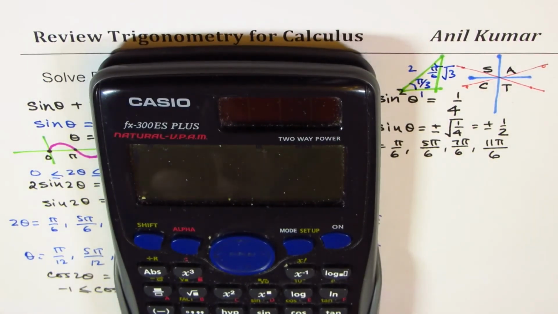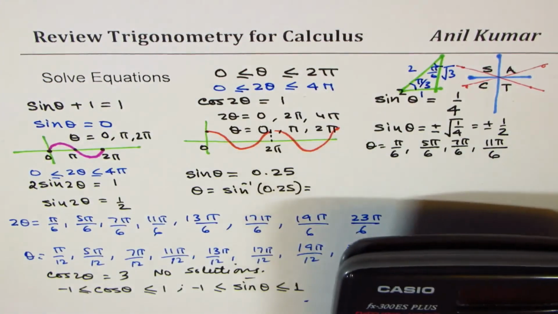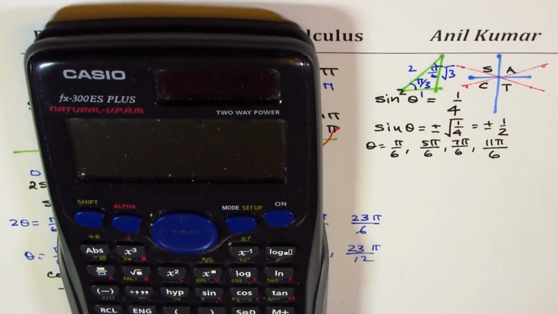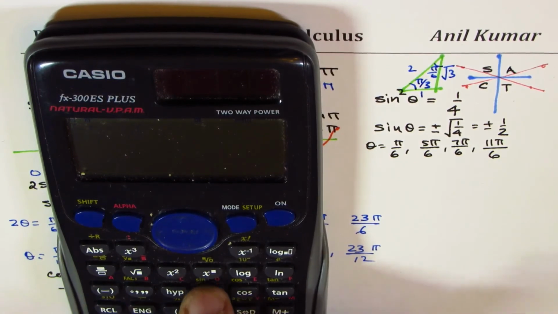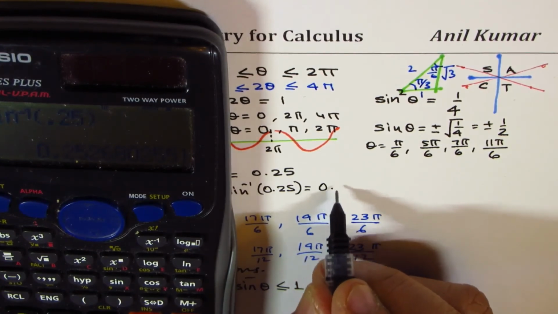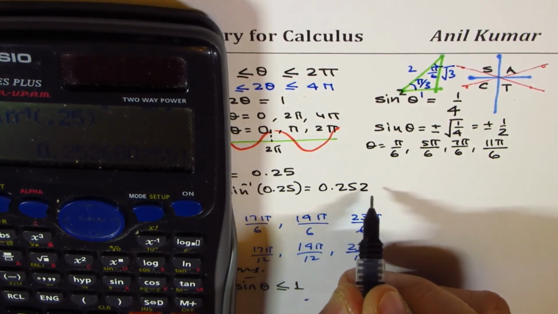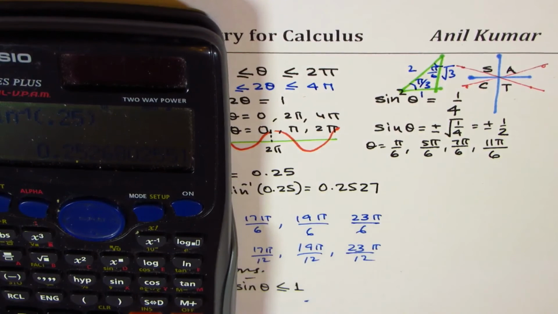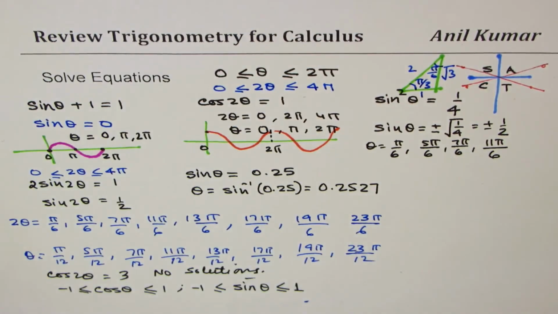First thing of course is you have to change the mode to radians, right? So for us 4 is radians, and now we will do sine inverse of 0.25. Shift sine inverse 0.25 gives us a value of 0.2527. So that is one of our solutions.